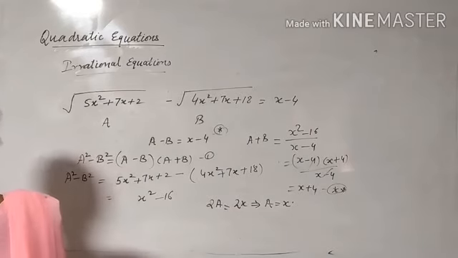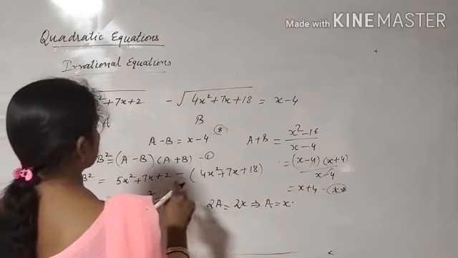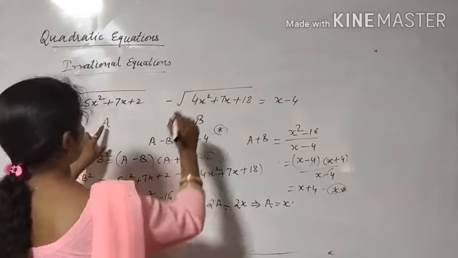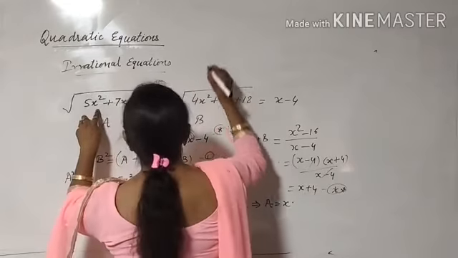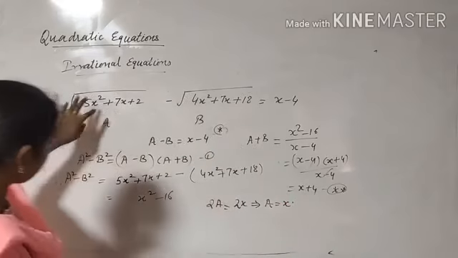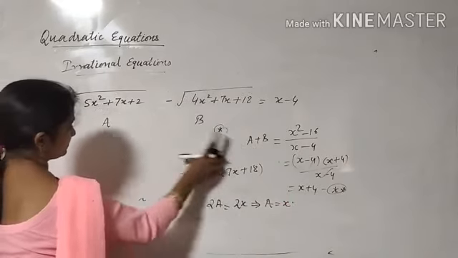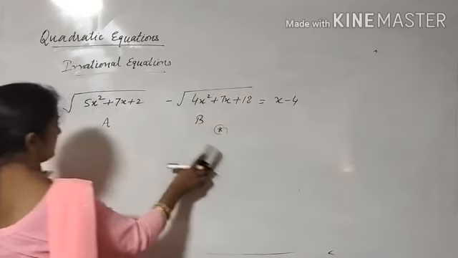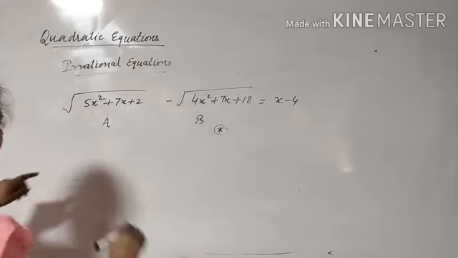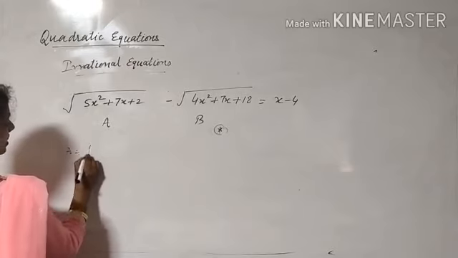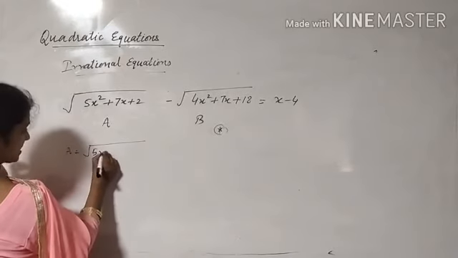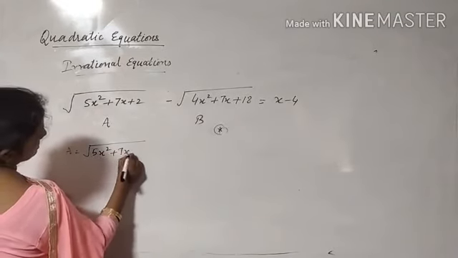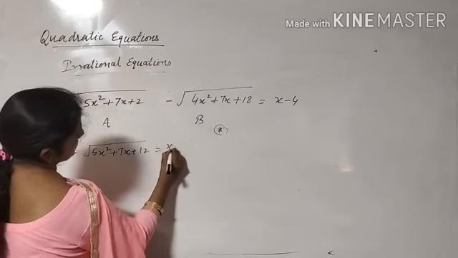Now a is equal to x means square root of a is equal to x means, what do we have here? A was under root of 5x square plus 7x plus 2, and this is x.